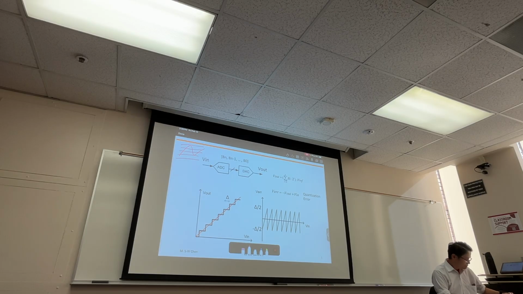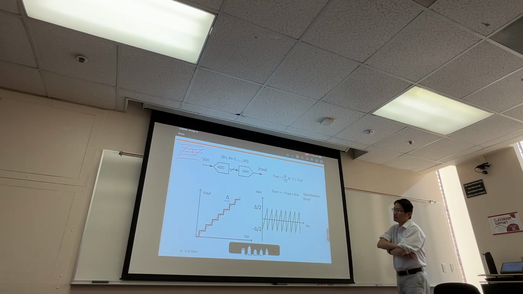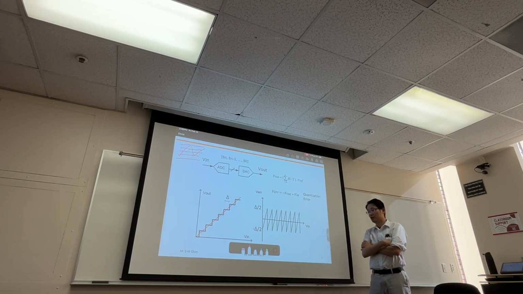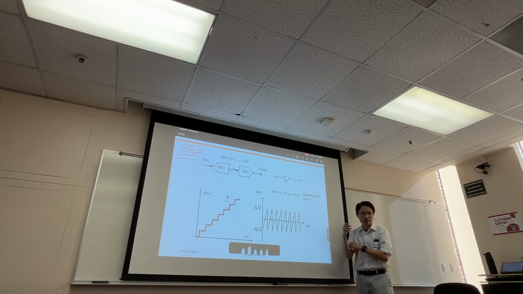But once it's digital, can't you do some kind of compensation? What kind of compensation? Because you know the V error corresponding to V ins. Ah, I see. So you are suggesting that if I know the error, I can subtract it out.